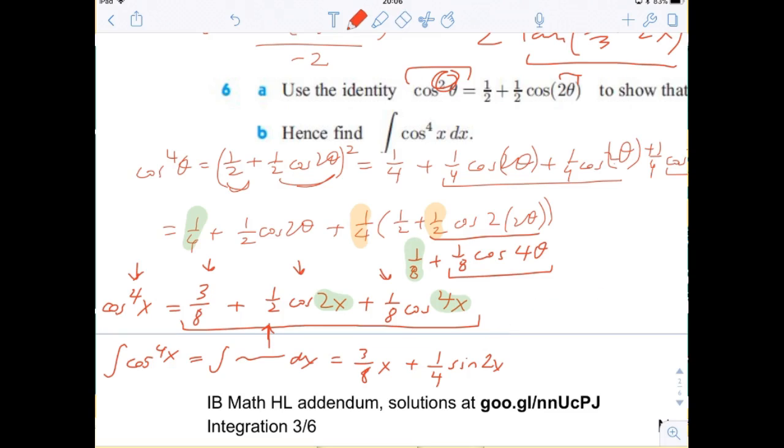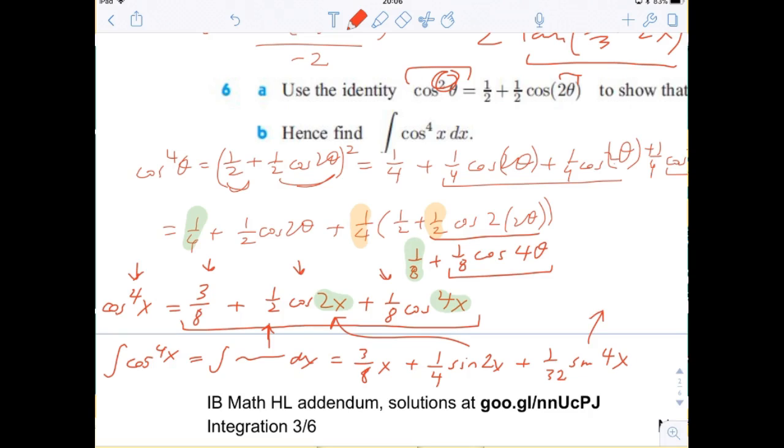So the derivative of 1/4 sine 2x is going to be that term right there, right? And the integral of 1/8 cosine 4x is going to be sine 4x, and then I'm going to divide by 4. So this would be 32. Did that work? Let's try it out.